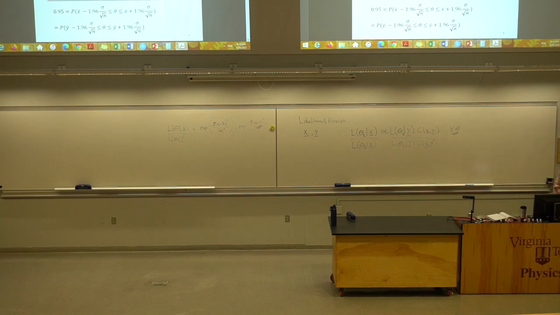That might seem like a trivial conclusion, certainly nothing to have an argument about. Well, the argument is not in the case of the same model. We assume here implicitly that both data sets, x and y, came from a normal distribution with the same parameter theta and the same parameter sigma squared. So this is not really a problem. This is pretty obvious. This is known as the weak likelihood principle.